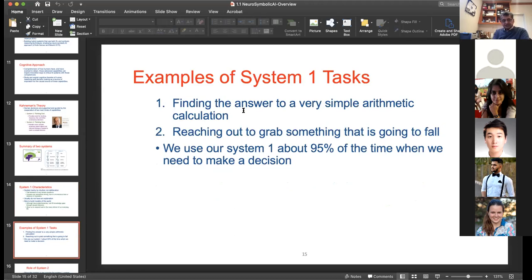For examples of system 1 tasks, finding the answer to a very simple arithmetic calculation, 2 plus 2. All right. And reaching out to grab something that is going to fall. Right? We reach out quickly, something is going to fall off the table. We use our system 1 about 95% of the time when we need to make a decision. So most decisions are system 1.